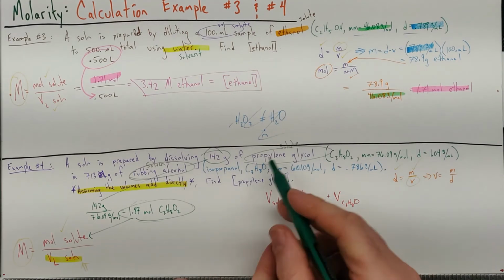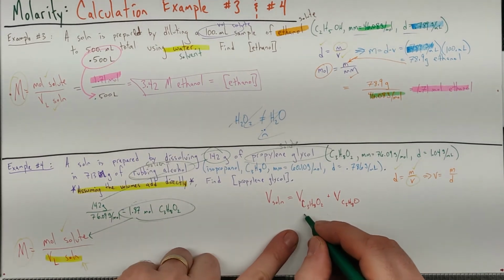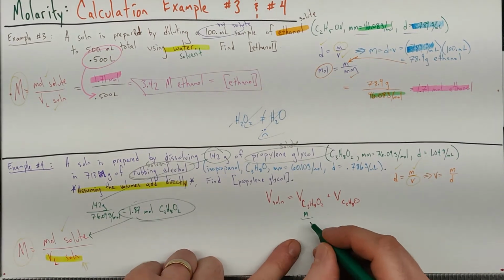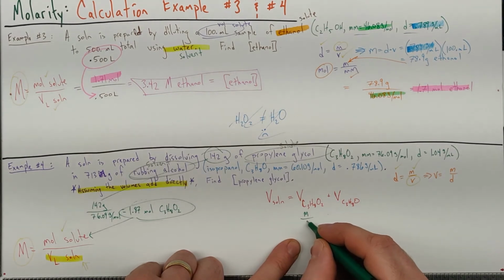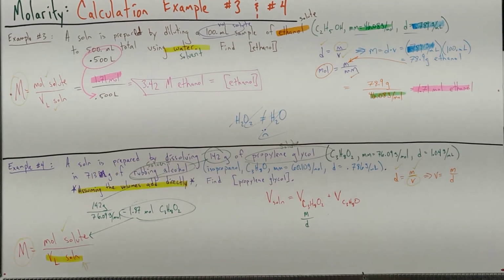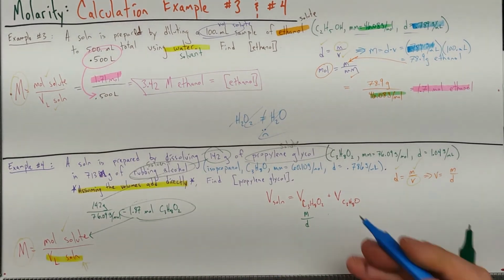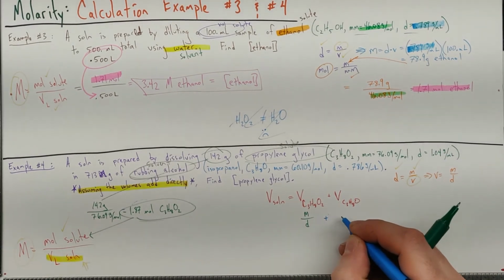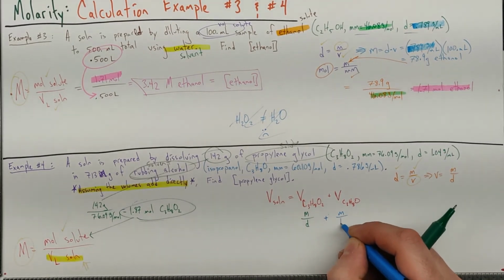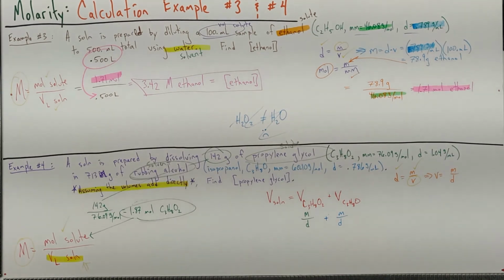I'm going to do the mass of the propylene glycol over the density of the propylene glycol, and I'm going to add to it the mass of the rubbing alcohol over the density of the rubbing alcohol. And let's plug those numbers in and see what we get.